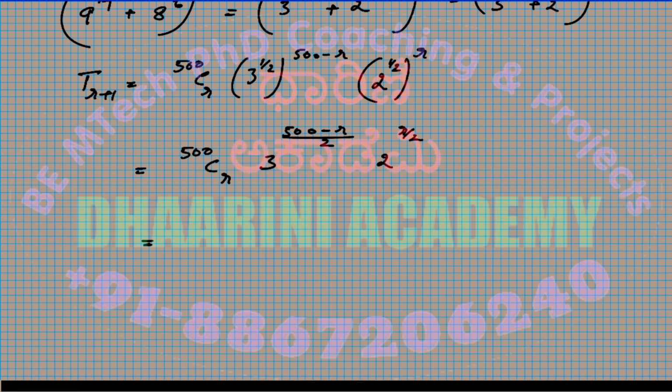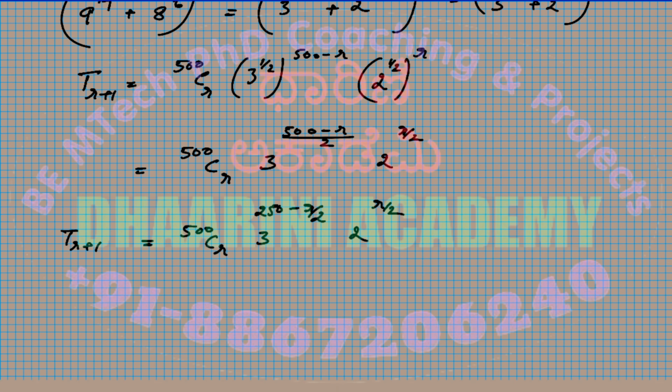So I can further simplify: 500 Cr 3 to the power (250 minus r by 2) and 2 to the power r by 2. So this is the T r plus 1. Every term is like this. Anyway, 500 Cr is always going to give you integers.